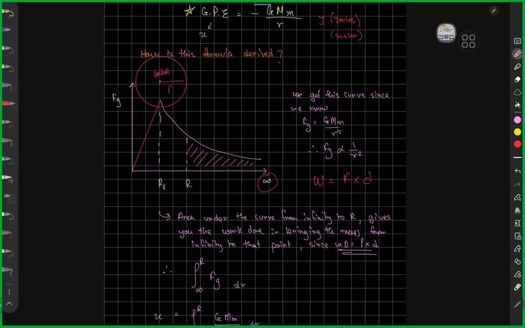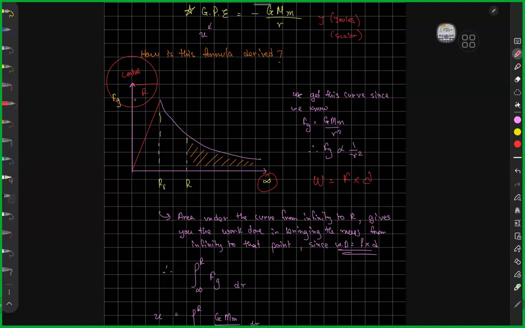This is the radius of Earth, right? Why did I draw it like that? Wait, let me reposition this. I misplaced it. It seems about right. Okay, now it's perfect.